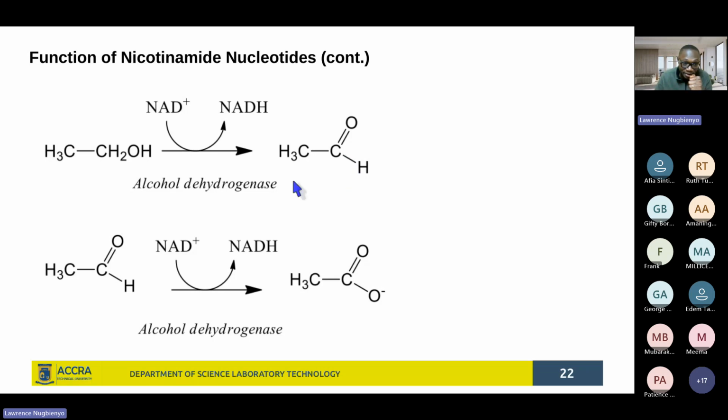And that acetaldehyde quickly gets converted to acetic acid. And once you have acetic acid, this acetic acid can get conjugated to coenzyme A, and you have what? Acetyl-CoA. And acetyl-CoA then goes into metabolic reactions, generating energy.